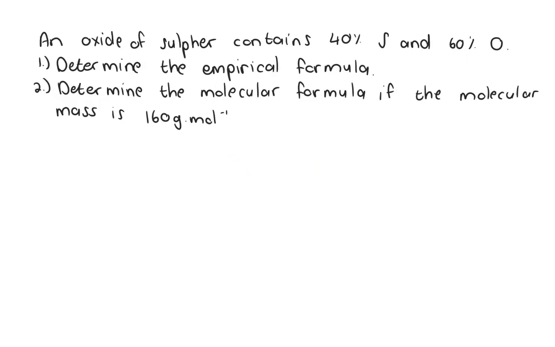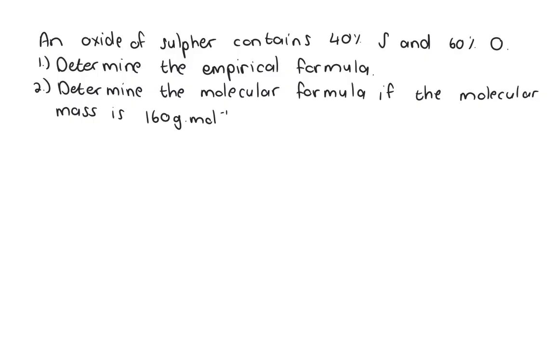Okay, so how do I determine the empirical formula and the molecular formula? Well, firstly, if you don't have any formula whatsoever, you have to determine the empirical formula before you can determine the molecular formula. Remember, for the empirical formula I need the smallest whole number ratio of the atoms, so I need the number of moles of each atom in my sample.